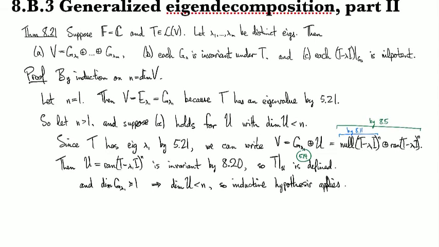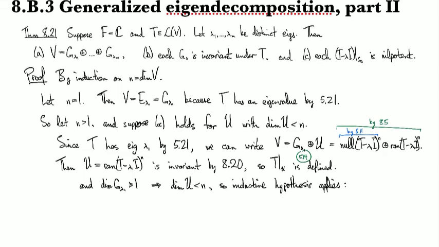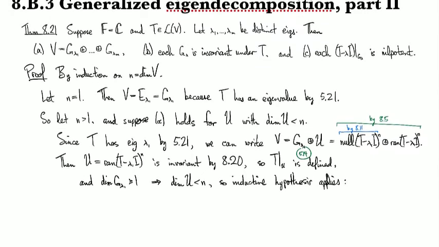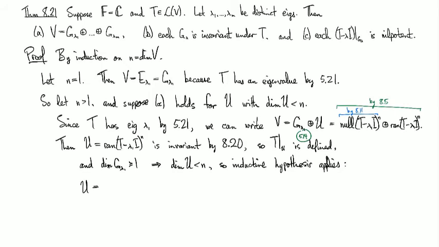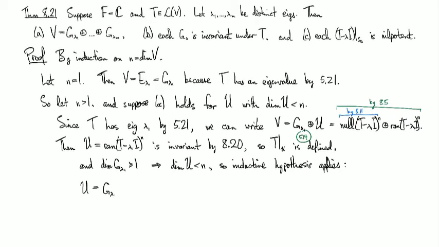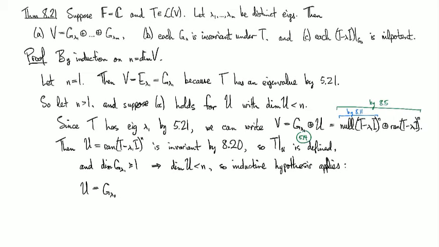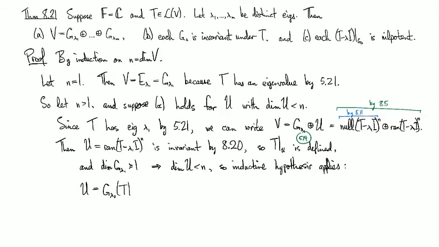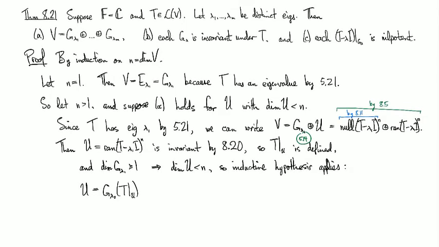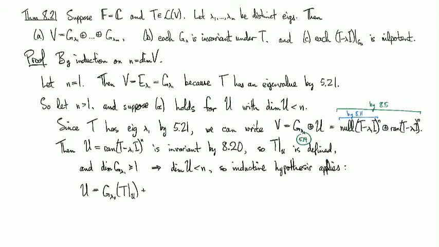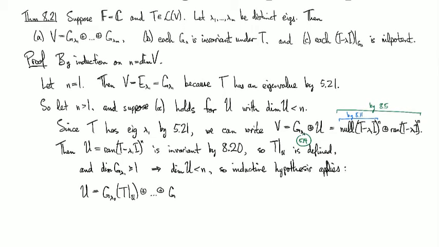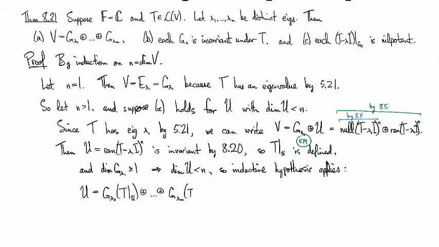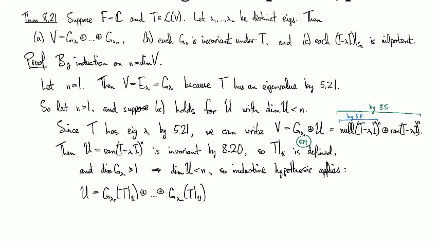Okay. And what does that mean? That means that U must be a direct sum of generalized eigenspaces of restricted operators. That looks like this.